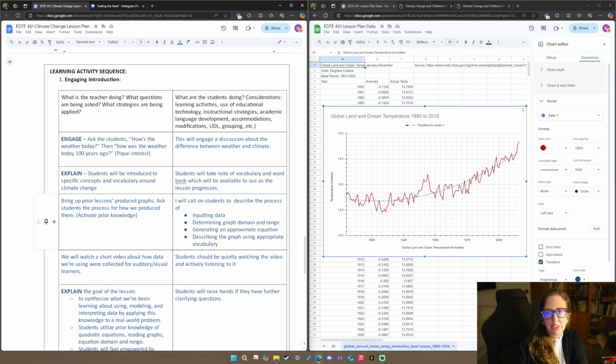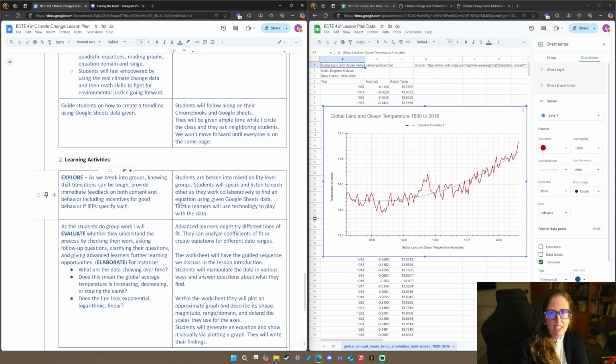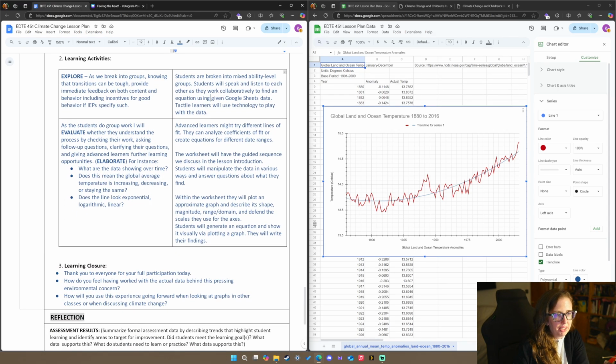I will also walk them through a basic example of inputting data and generating a chart in Google Sheets, and then I will break them out into groups of mixed abilities with the NASA data and get them to try and make a line of best fit. Asking them guiding questions over the time, like I explained before.